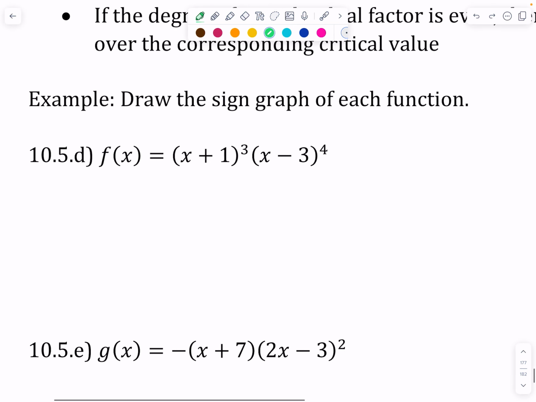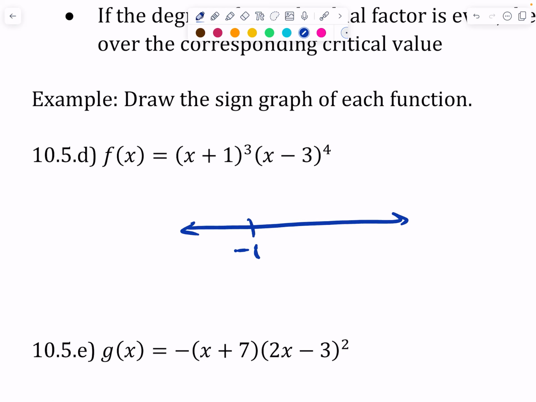So here we go. Something like this. I'm going to make my number line, which is going to involve negative 1 and 3. Those are the zeros of the function f of x. And there's going to be values that happen. So something super negative like negative a million, that's the right number of zeros.